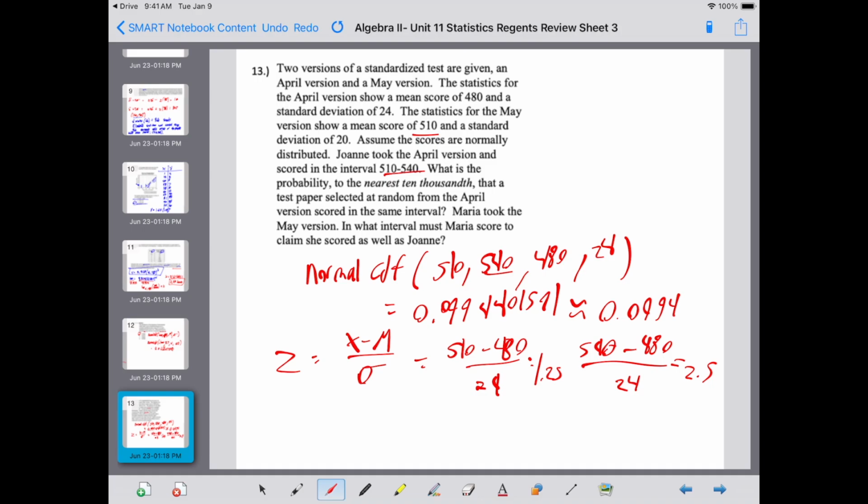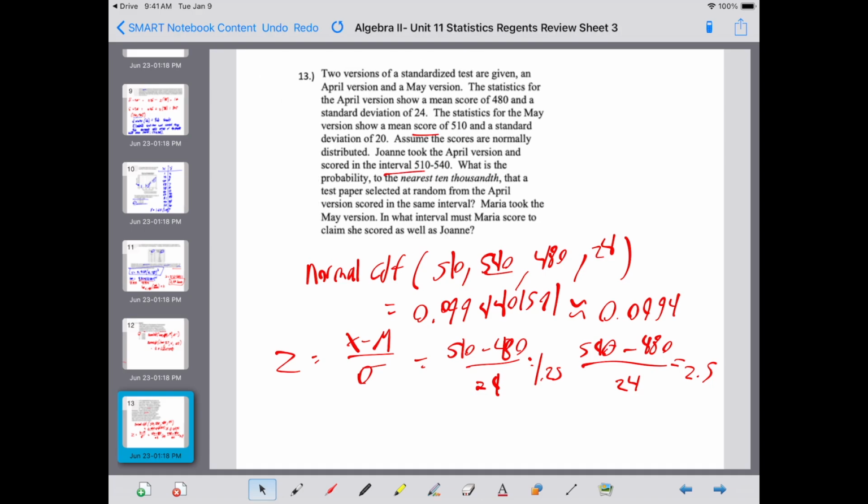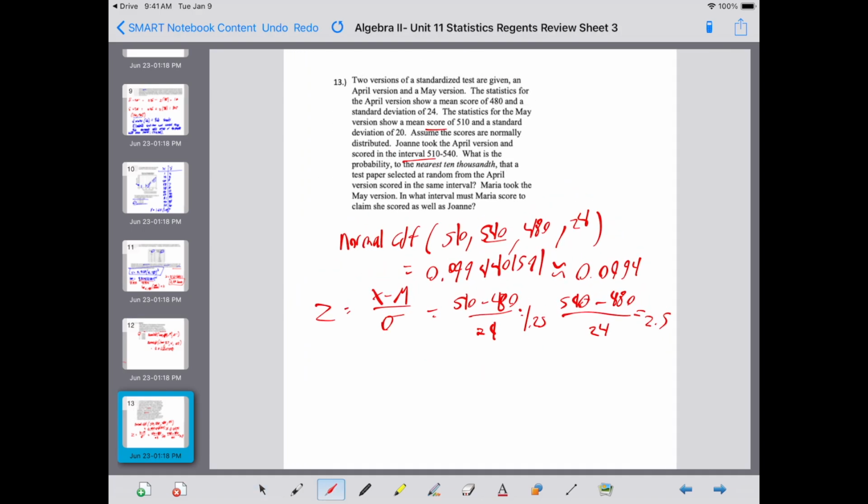We're going to have to find that for the May version now. So we want to find between 1.25 and 2.5. On the May version, we're going to use the same formula. So now we have 1.25 equals x minus your mean, which on the May version was 510, over the standard deviation, which is 20.